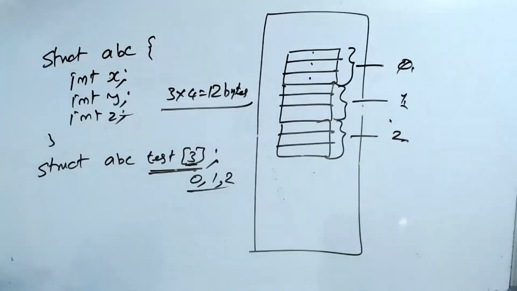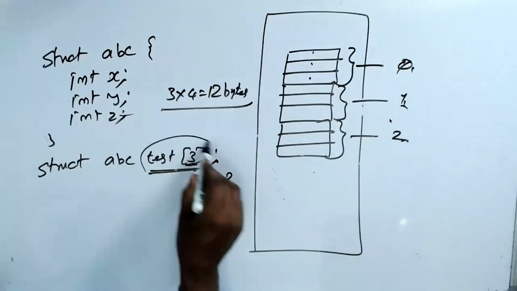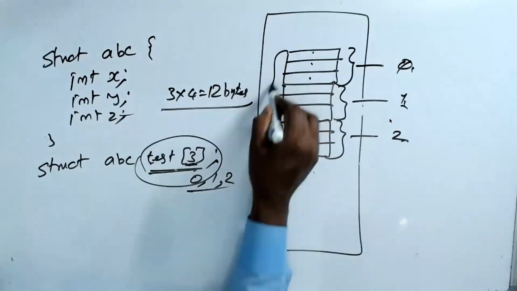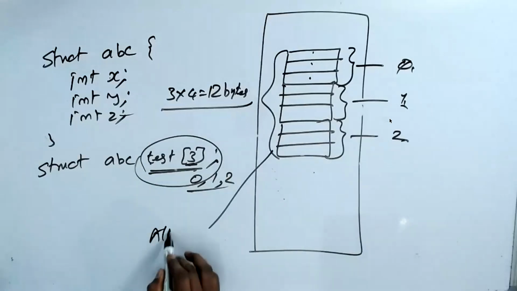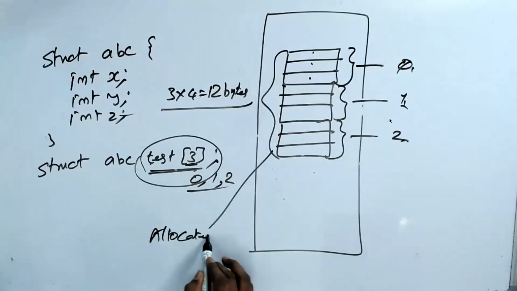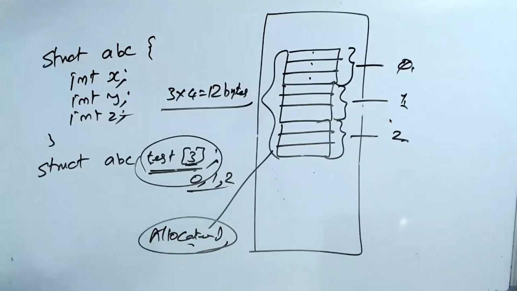But unfortunately, the trick is that if I declare like this, so much memory is already allocated, and people don't want to waste memory. So what people did was very nice. There is a function in C called malloc.